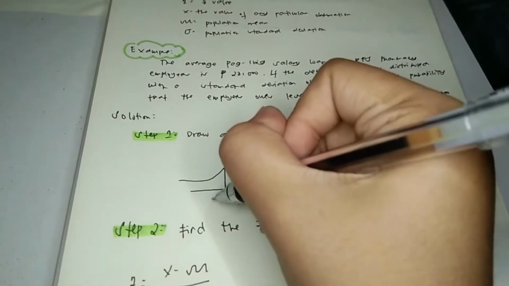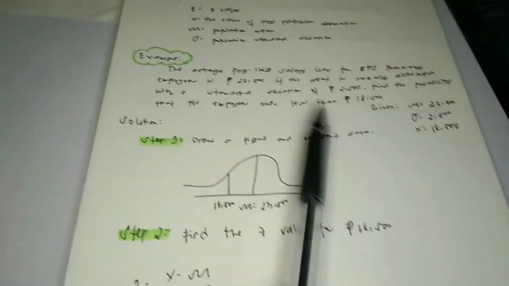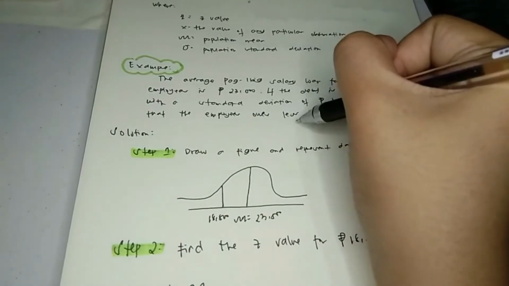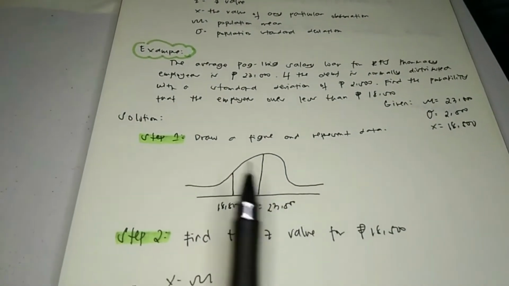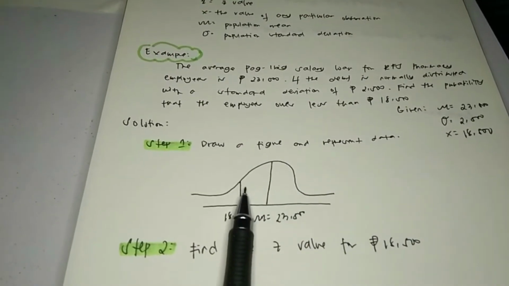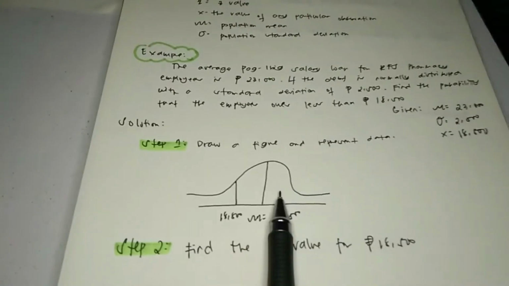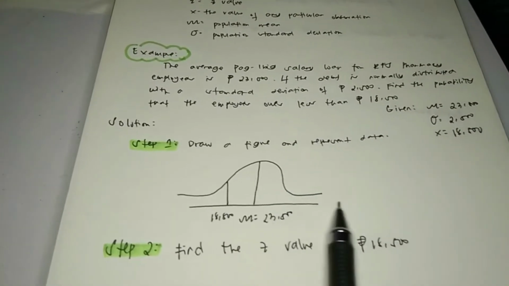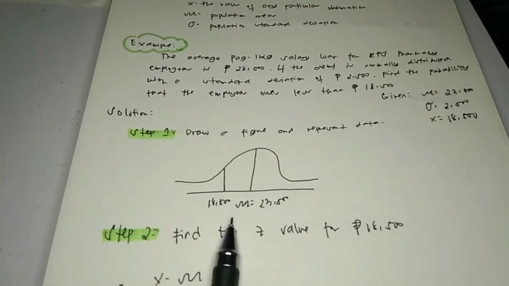So, ilalagay natin dito 18,500. Less than yung hinahanap. Kasi sa normal distribution curve, itong left na to, ito yung negative values, and dito sa right, ito yung positive values. So, pwede natin sabihin na andito si 18,500.